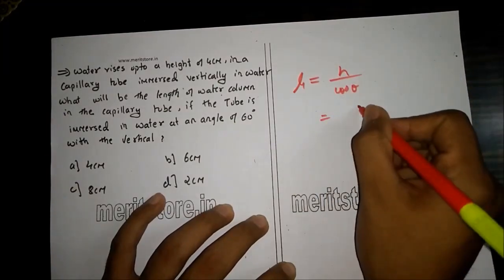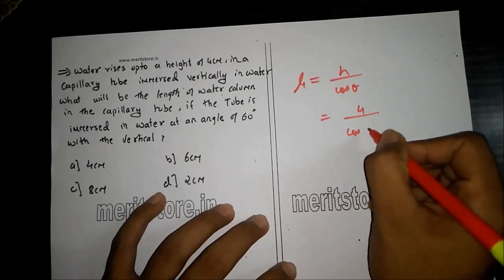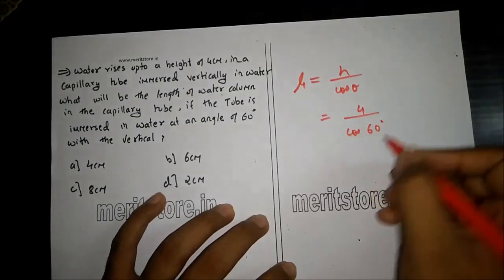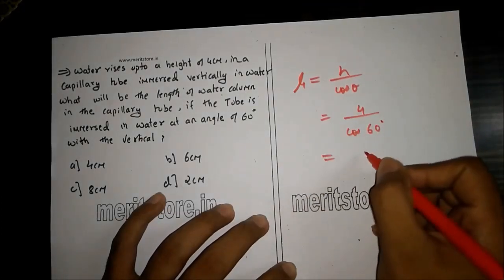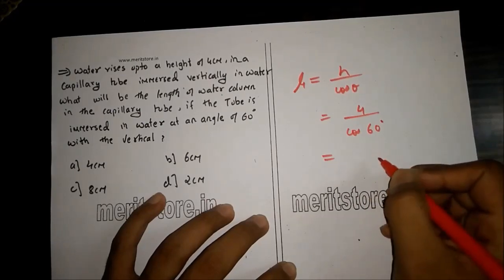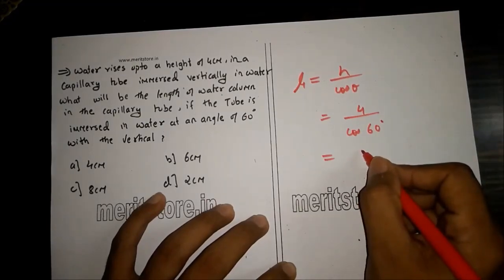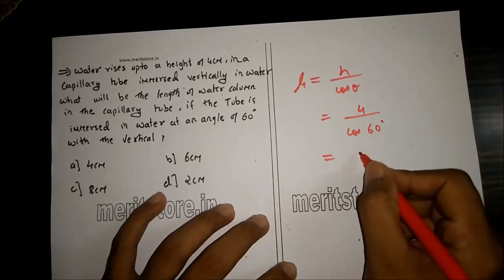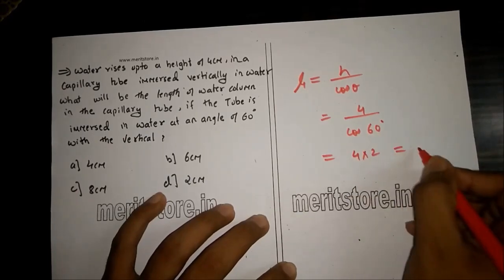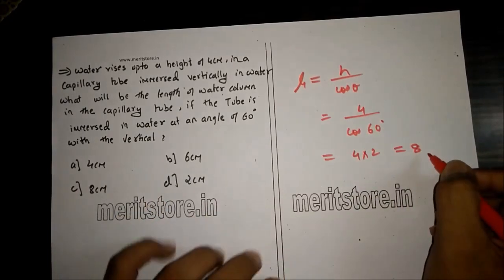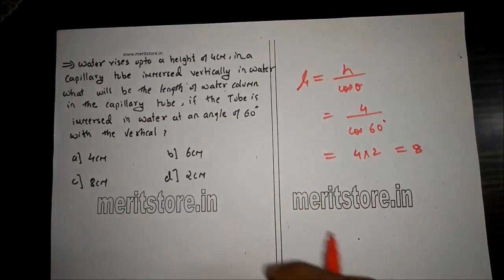Therefore, h is 4 upon cos 60 degrees. Since cos 60 degrees is actually half, we get the answer as 4 into 2, which is 8. Therefore, the correct answer here will be option C, 8 centimeters.